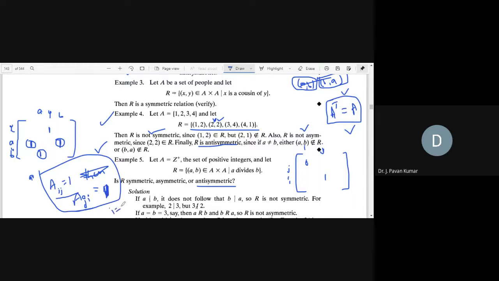This is the condition. Yes or no? Only then can we consider it as antisymmetric. So by using these conditions, we are able to identify whether the relation is symmetric or antisymmetric. Clear?